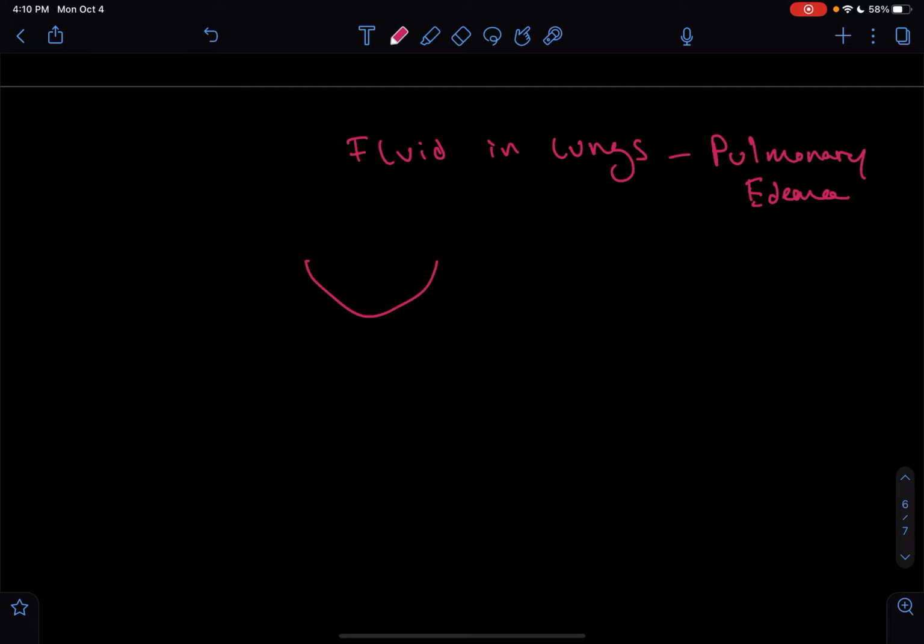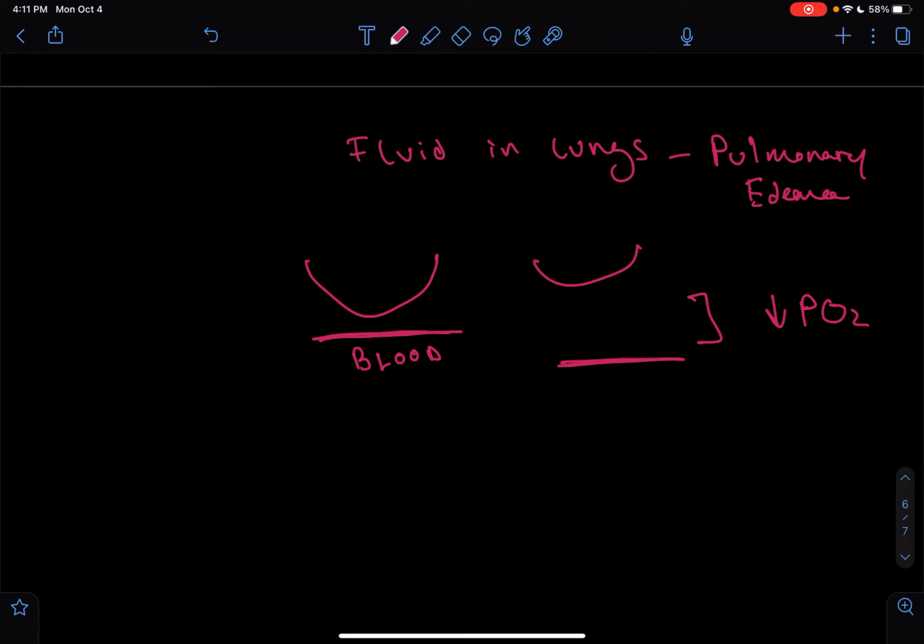So instead of, for example, here is the alveoli and then here is the blood, it's more like this. So this increased distance, we talked about how diffusion occurs faster through smaller distances, right? Because of this greater distance, we're again having a decreased PO2, okay? So greater distance for particles to travel.